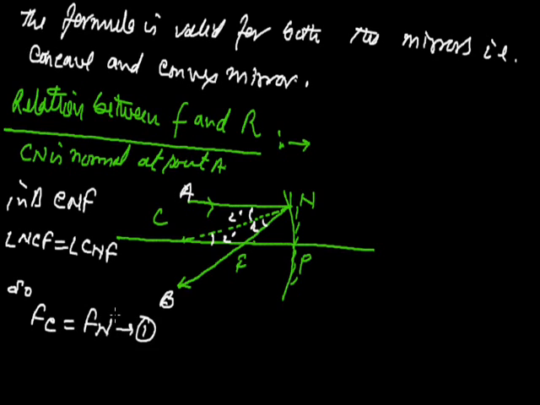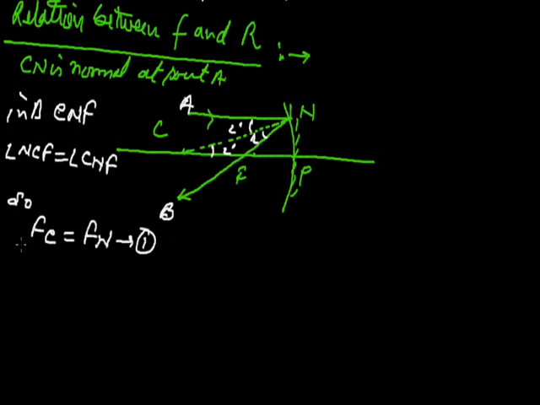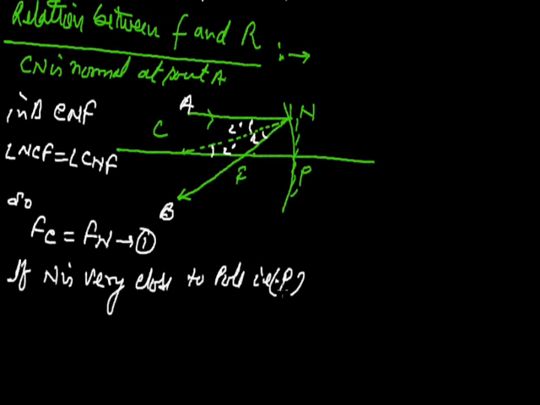If this point N is very close to the pole P, because all the formulas related to mirrors are valid for paraxial rays near the principal axis.